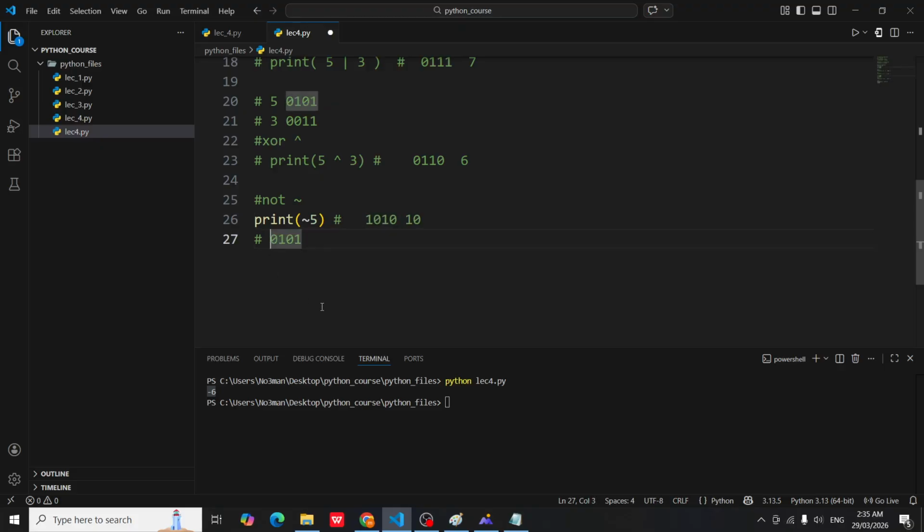No, it contains a lot of zeros before it. So when we say not 5, it will be 1 1 1 1 1 1 1 and 1 0 1 at last. Okay. When Python gets the last number as 1, it will convert the number to negative.